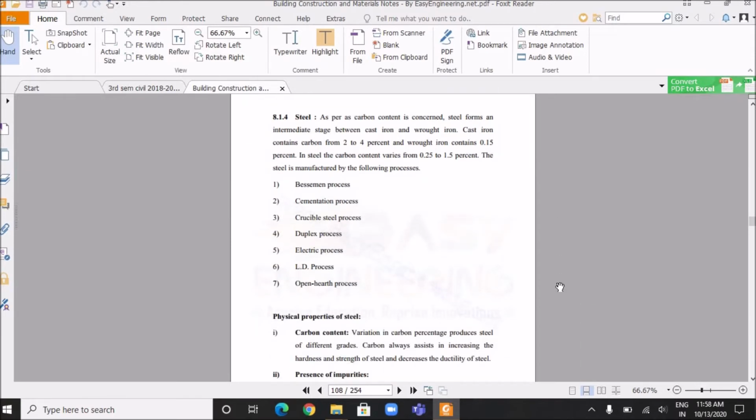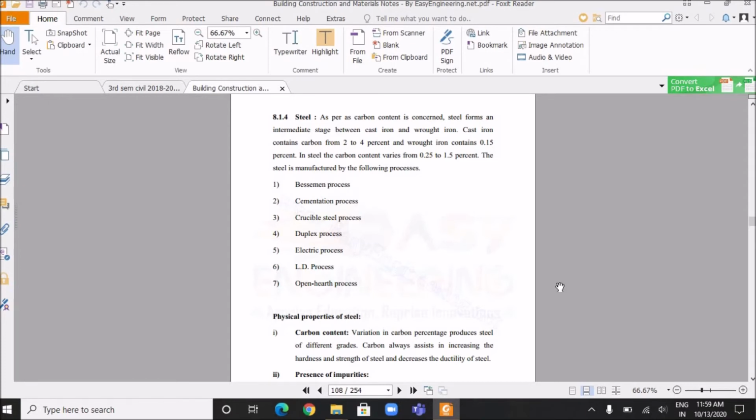Steel. As far as carbon content is concerned, steel forms an intermediate stage between cast iron and wrought iron. Cast iron contains carbon from 2 to 4% and wrought iron contains 0.15%. In steel, the carbon content varies from 0.25 to 1.5%.